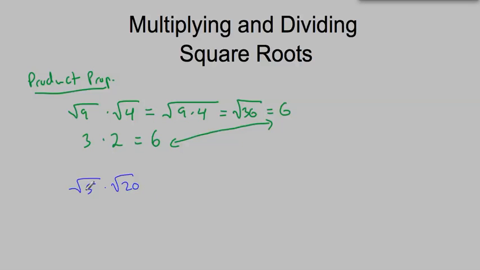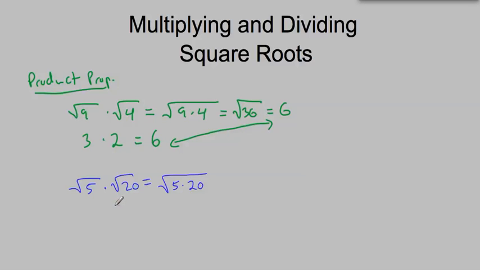In this situation, 5 is not a perfect square. 20 is not a perfect square. So the only way to multiply these two things together is to combine them under one radical. We still multiply 5 times 20. And back here your head may be spinning a little bit. How am I going to do this problem? Square root of 5 times the square root of 20. We can do the estimation process.